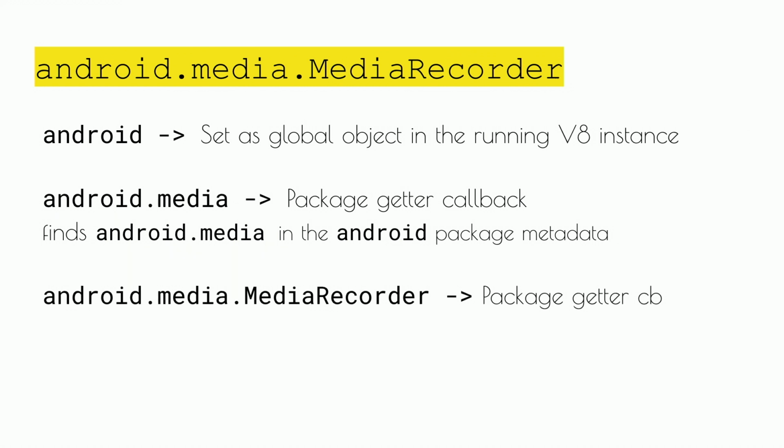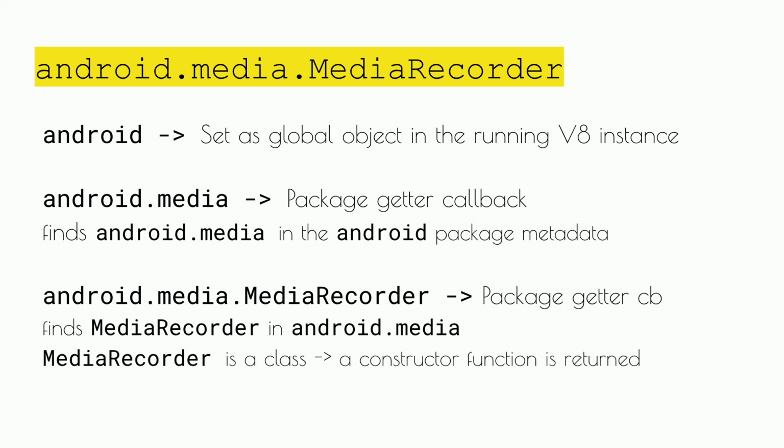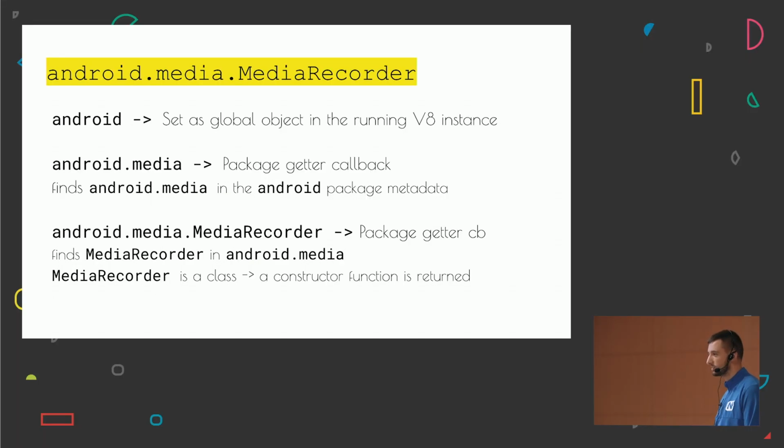And when somebody accesses the media recorder property, for example, it is found in the metadata, and it's found that it's a class, it's not a package, it's something different. So in those cases, when there is a class or interface coming from the native world, we expose it as a JavaScript proxy and return a constructor function.